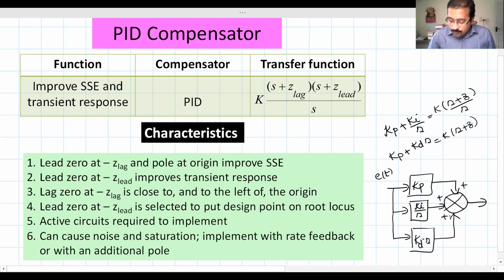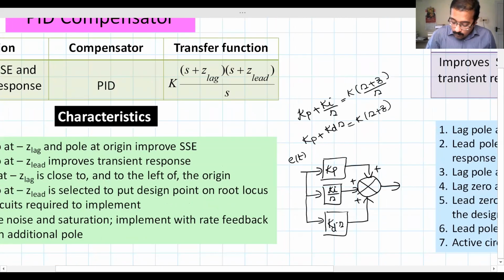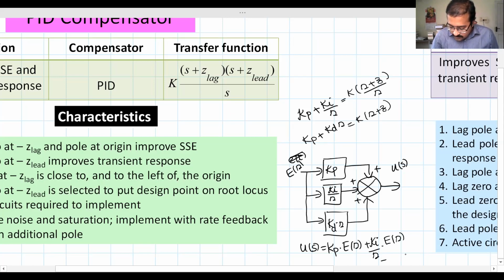So at the output you will get a signal, U of S. Let this be E of S. So what will be U of S? U of S will be Kp into E of S plus the integral part Ki by S into E of S plus Kds into E of S.